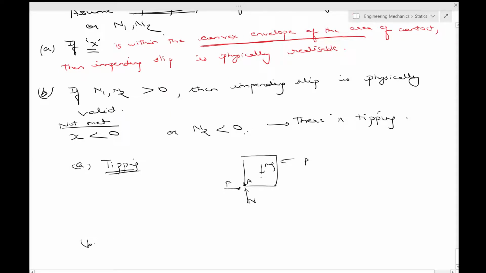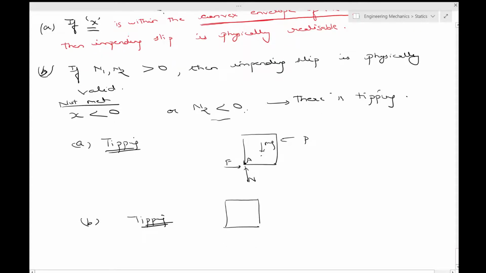And for B, if tipping is happening because this condition was not met, N2 smaller than 0 or N1 smaller than 0, then for N2 smaller than 0 you will have P, mg, and you have f, and you have N1. So this is how one can find it.